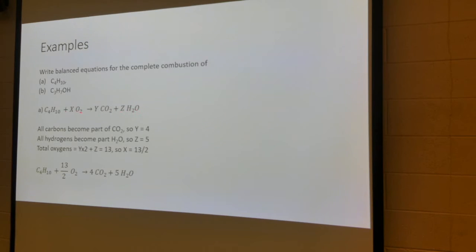On the other side, X is going to be 13 divided by 2. Stoichiometrically speaking, that's going to be the equation: 6.5 moles of oxygen. Some people just double everything and clear the 13 halves, and then it becomes just 13. Easy as that. That's basically the balance for a chemical combustion.